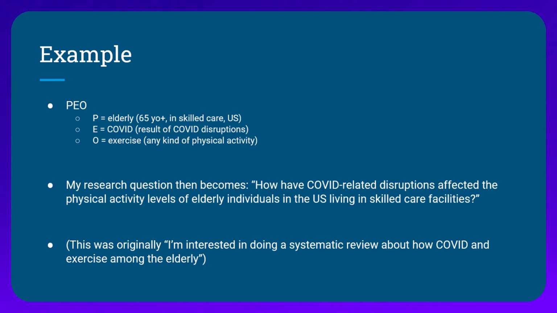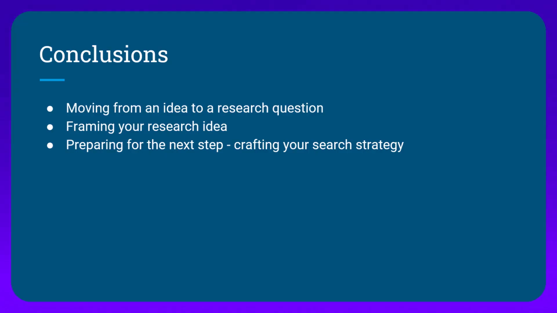Hopefully, through this example, you can see how we start with a broad idea for a topic, but that required some work to turn it into a research question, which is necessary as that question will drive the remaining stages of the systematic review project. In this session, we've talked about the importance of moving from a research topic or idea to a research question.